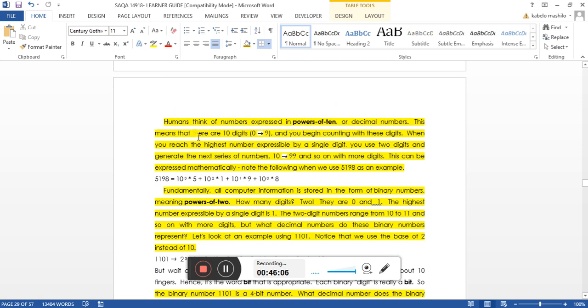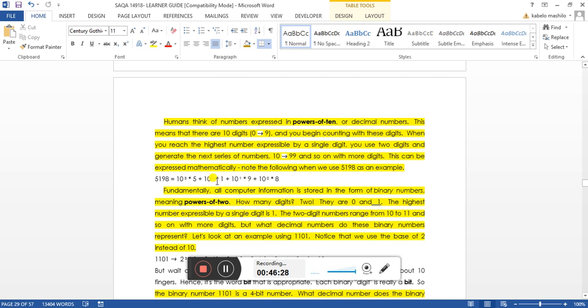This means that there are 10 digits from 0 to 9, and you begin counting with these digits. When you reach the highest number expressible by a single digit, you use two digits and generate the next series of numbers, 10 to 99, and so on with more digits.